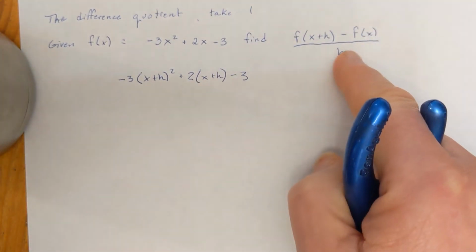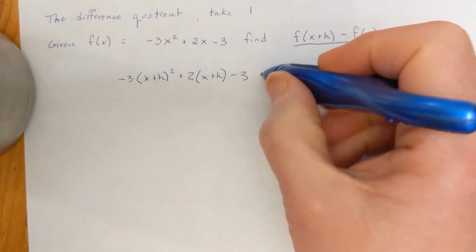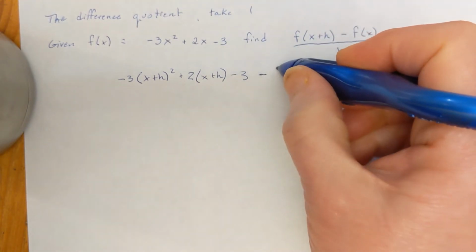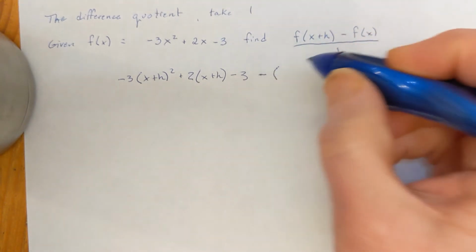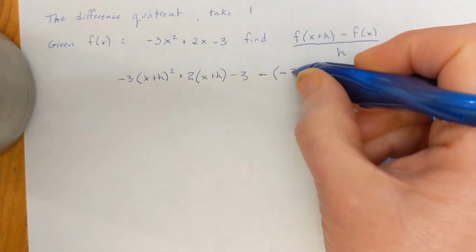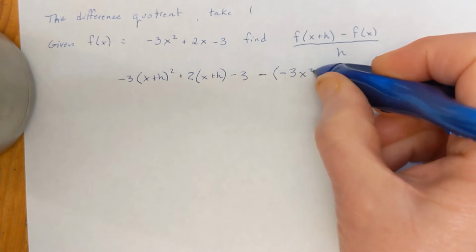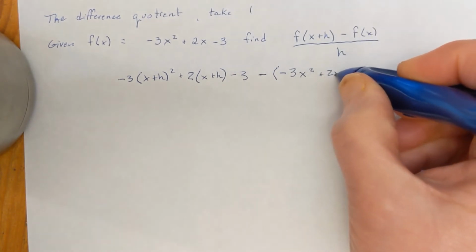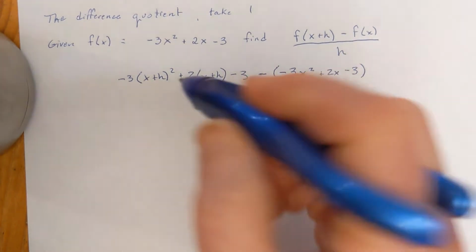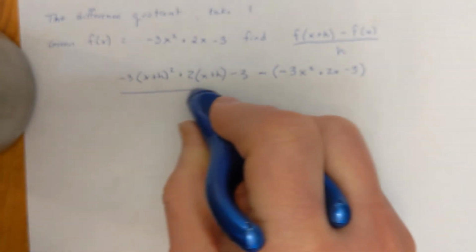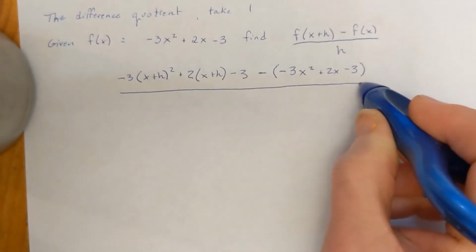And I'm going to subtract f of x from that. So I'm going to put in a negative. I'm going to put parentheses around f of x because I want to make sure to get this negative distributed. And then I'm going to just put down f of x. This is all over h.